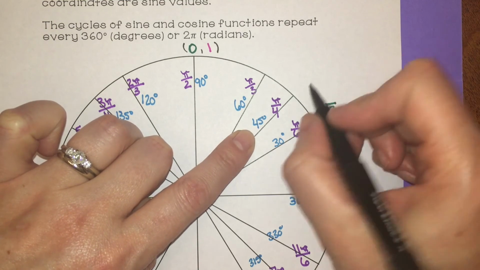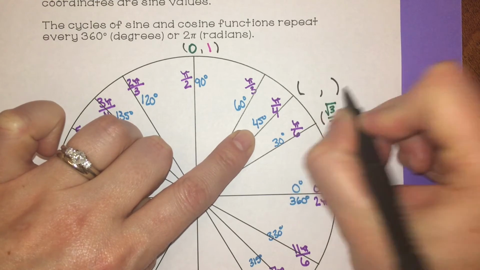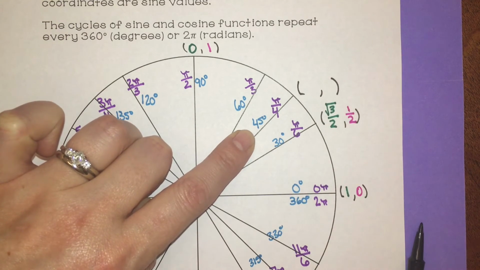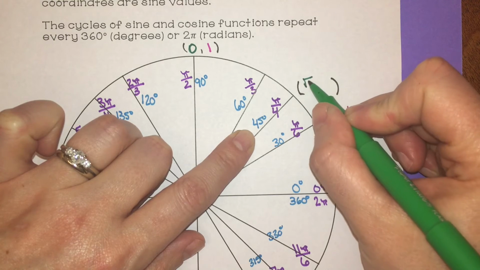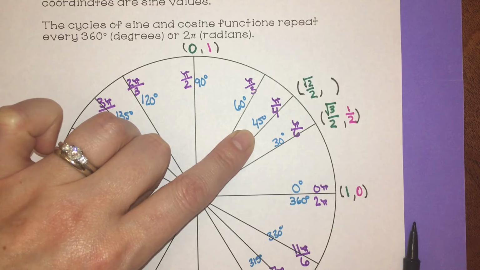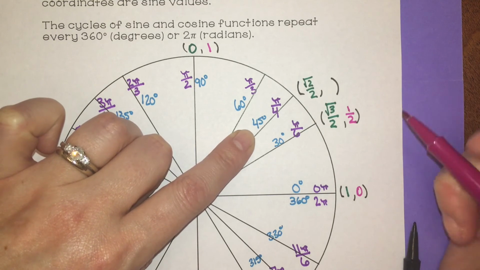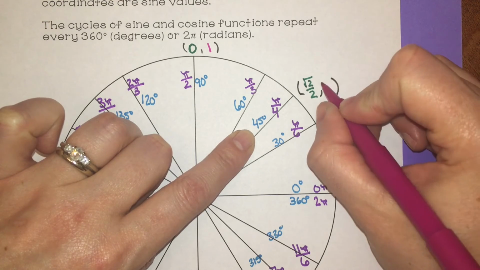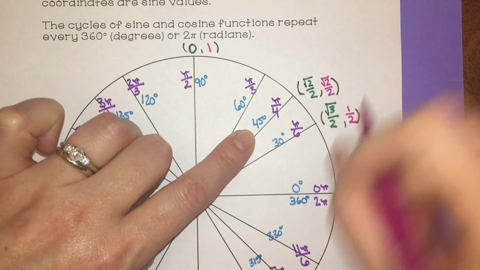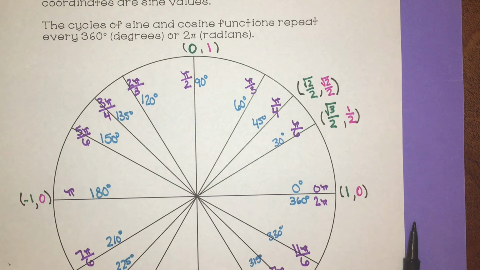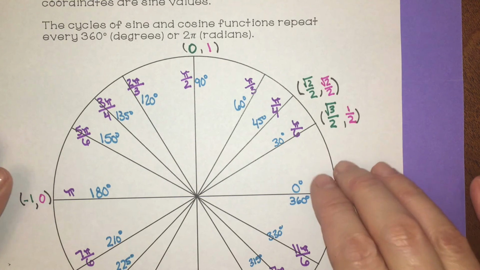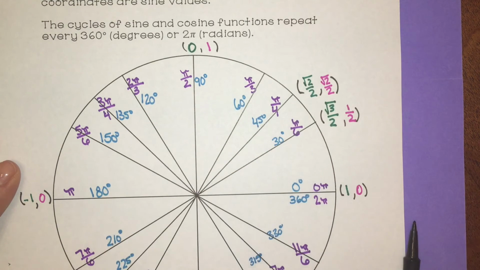At 45 degrees, we have an x coordinate of square root of 2 over 2 and a y coordinate of square root of 2 over 2. So these are exact values. You see, I don't give you decimals, I don't round it. You want to make sure when you're using the unit circle, anytime you have these degrees or radians, you're using the exact value.